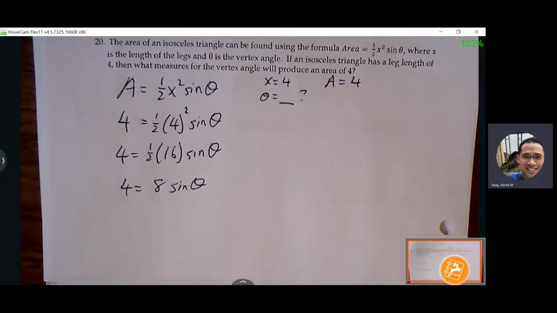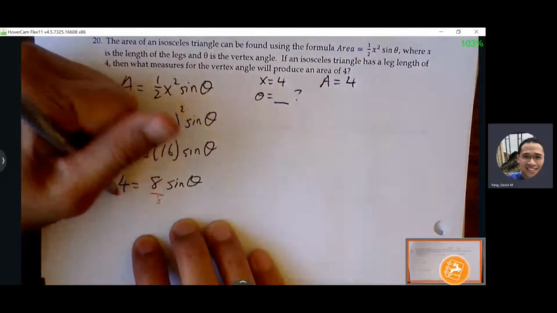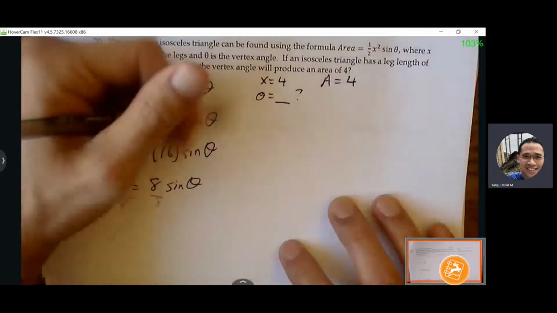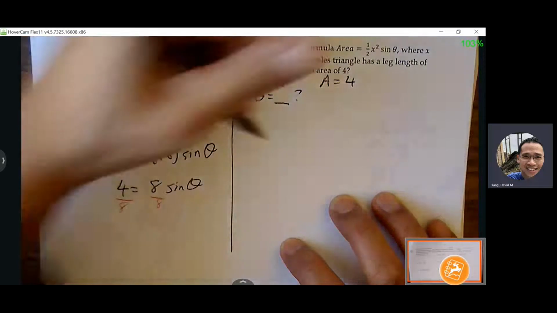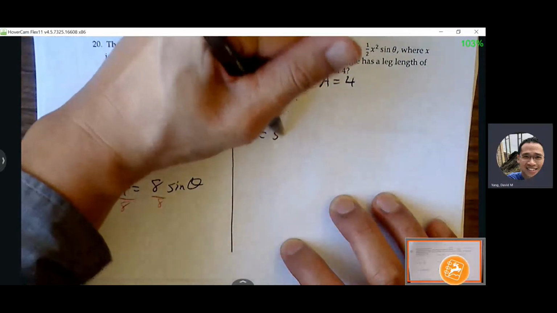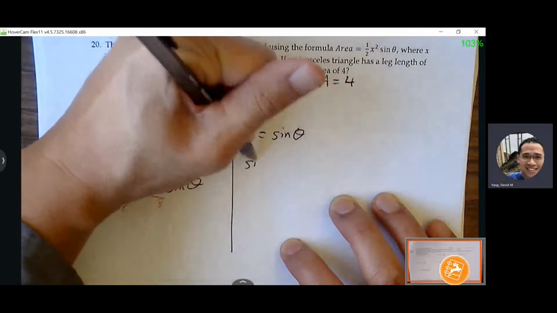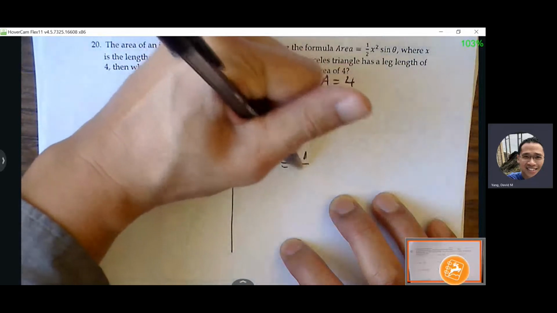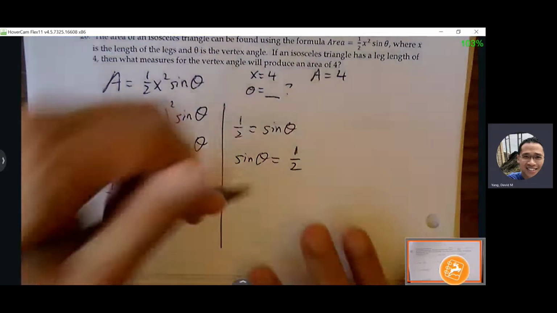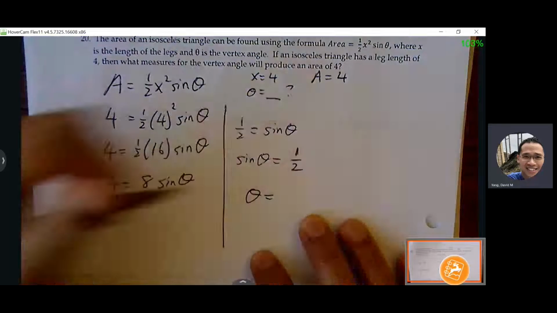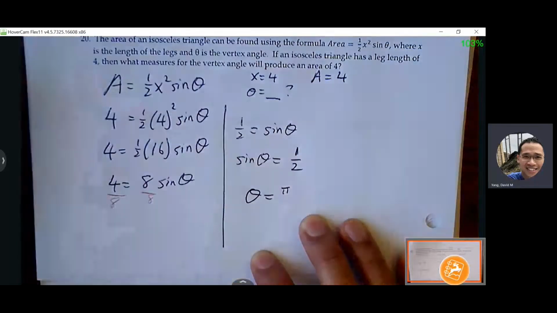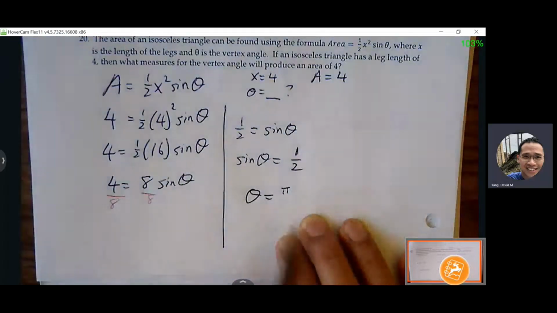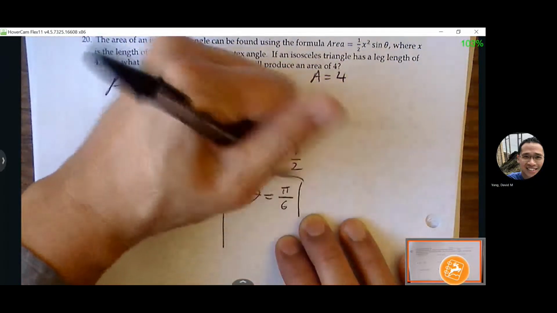What can I do to get sine theta by itself? Divide by 8. So now this looks familiar, right? 1/2 equals sine theta. In other words, sine of theta is equal to 1/2. So when is sine equal to 1/2? Pi over 6. Yeah, that's it.